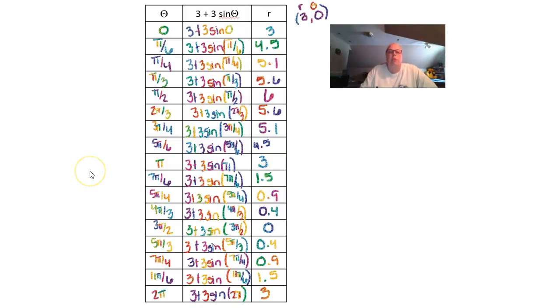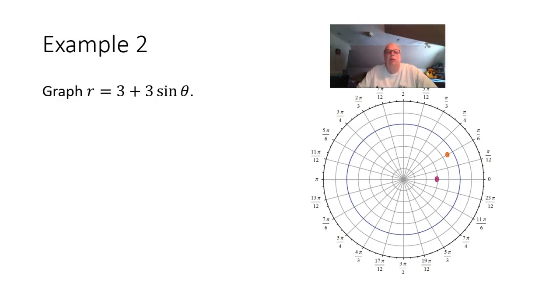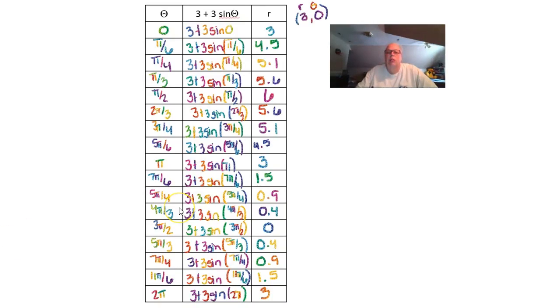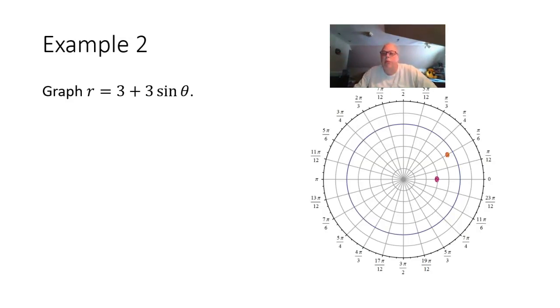Okay. Then we're going to graph the point 5.6 and pi over 3. Oh, I skipped one. We need to graph pi over 4 and 5.1. Okay. All right, so we're going to move toward pi over 4. We're going to go a little bit past the 5th circle. So 1, 2, 3, 4, 5, and a little bit beyond that.